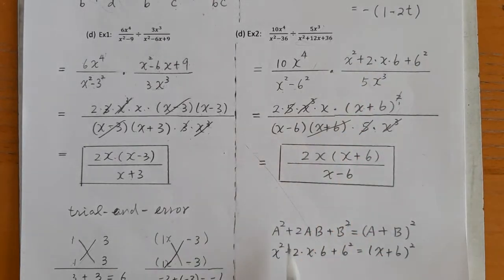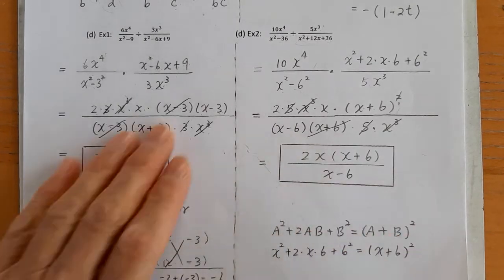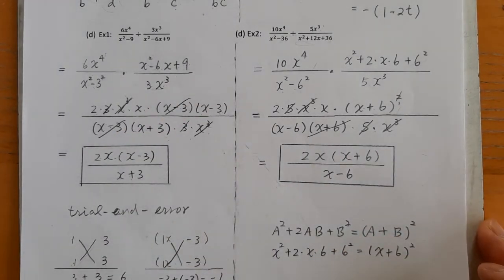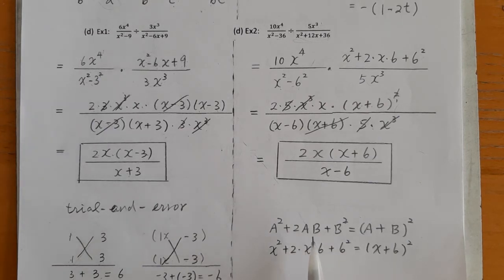Or you can use the completing the square formula, also called the perfect square formula, which is this formula. This formula is a squared because here's a plus, so use a squared plus 2ab plus b squared equals quantity a plus b squared. This we call the completing square or perfect square formula.